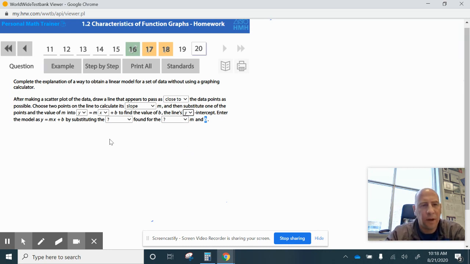Enter the model as y equals mx plus b by substituting the values found. You know what, I get what they're trying to say, but again, it's just confusing trying to fill that in. So I'm going to take out question number 20 as well.